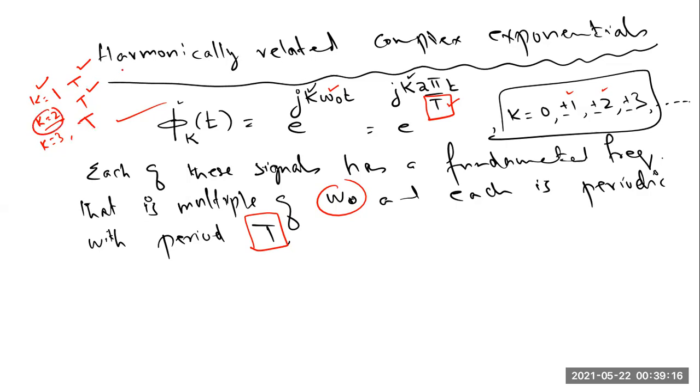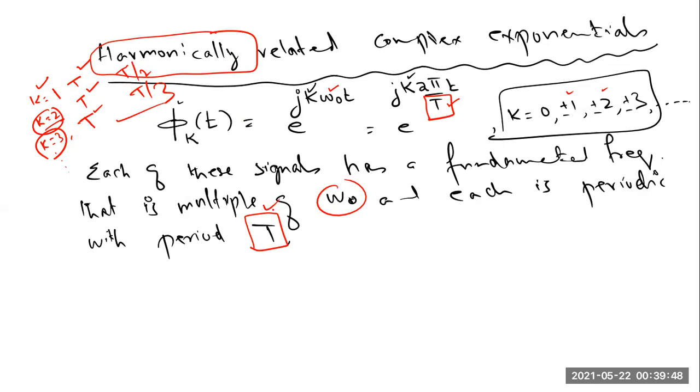For the second signal, the fundamental period is T by 2. For the third signal, the fundamental period is T by 3. But for any signal whose fundamental period is T by 2 or T by 3, capital T will also be its period, and you can keep on changing the value. So what is the reason that we call these signals harmonically related? Because all of them have one common period, that is T.